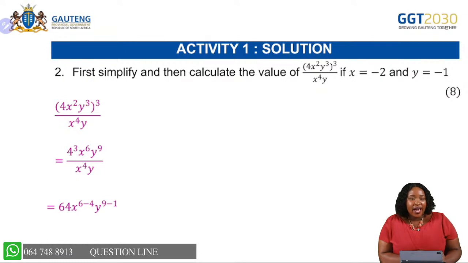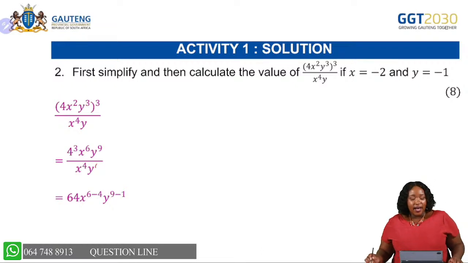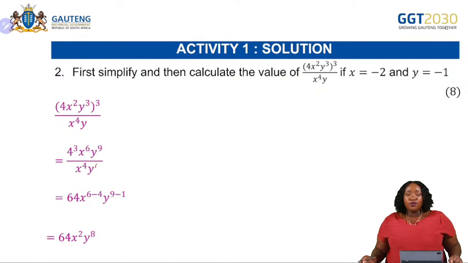So here we say x to the power of 6 minus the 4, okay, from the denominator. And in our numerator, we have y to the power of 9. So you have to subtract 1. Remember, this y is raised to the power of 1. Right. And then from there, you just simplify. So 6 minus 4 gives you 2, and 9 minus 1 will give you 8.